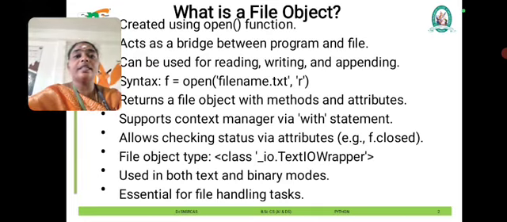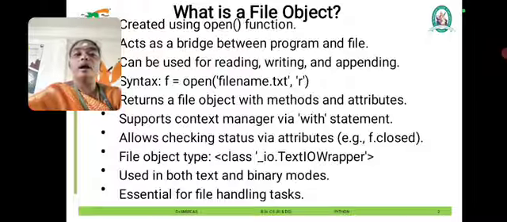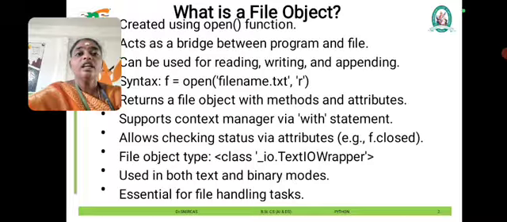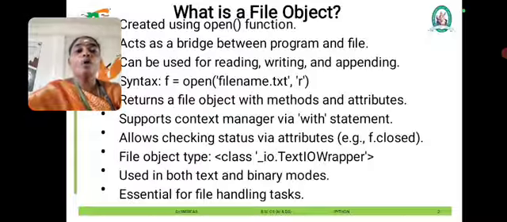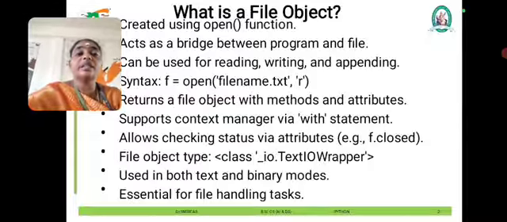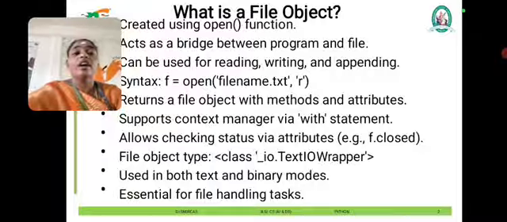For example, the syntax is f = open(file name, 'r'). Here f is the object, and file is the keyword: f = open('filename.txt', 'r'). Now open is an inbuilt function. In the syntax it takes two arguments: the file name and the read mode.